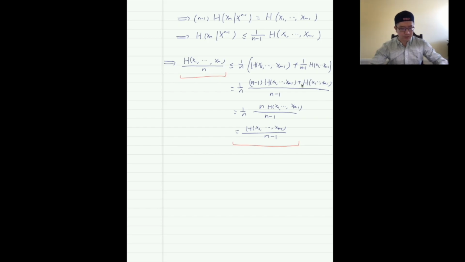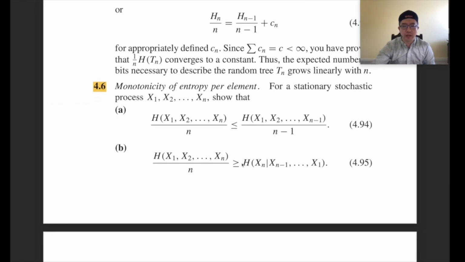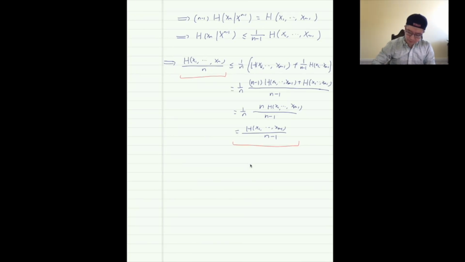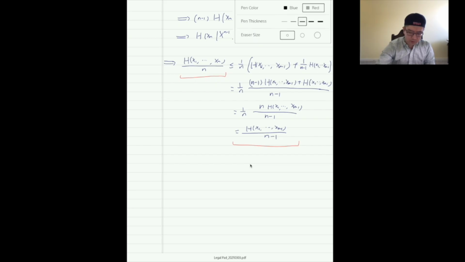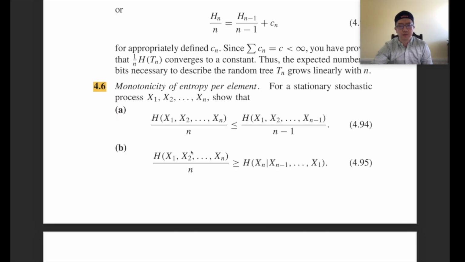Okay, let's see the next one. For part B, we need to show a lower bound. Let's change color back. Here we want to manipulate this term, because we want to show this is bigger than n multiplied by this one.